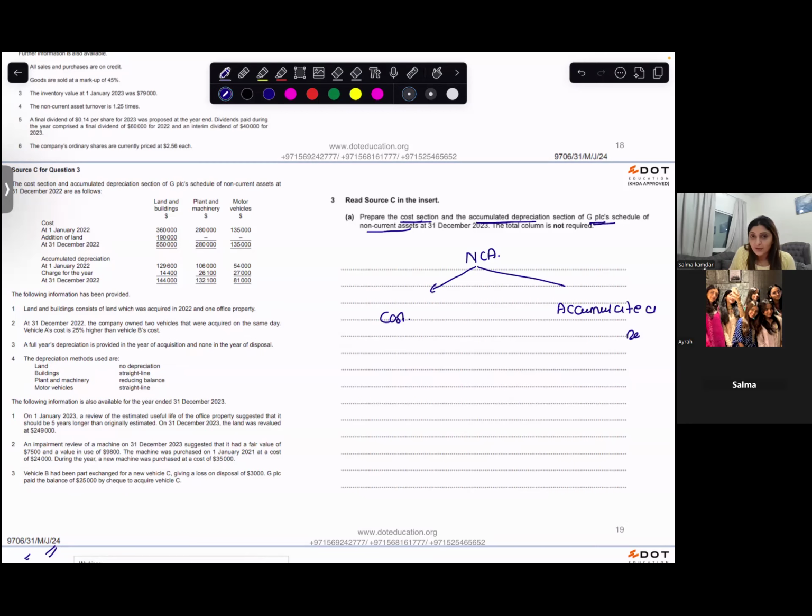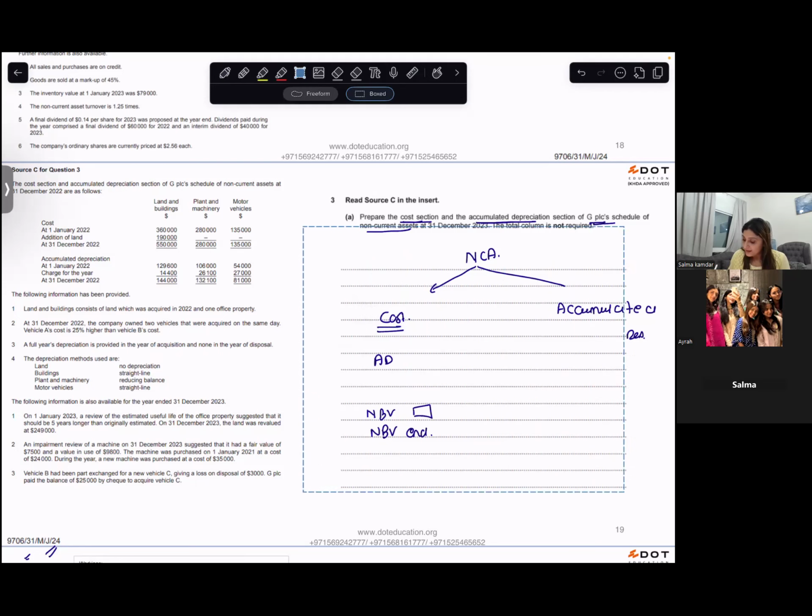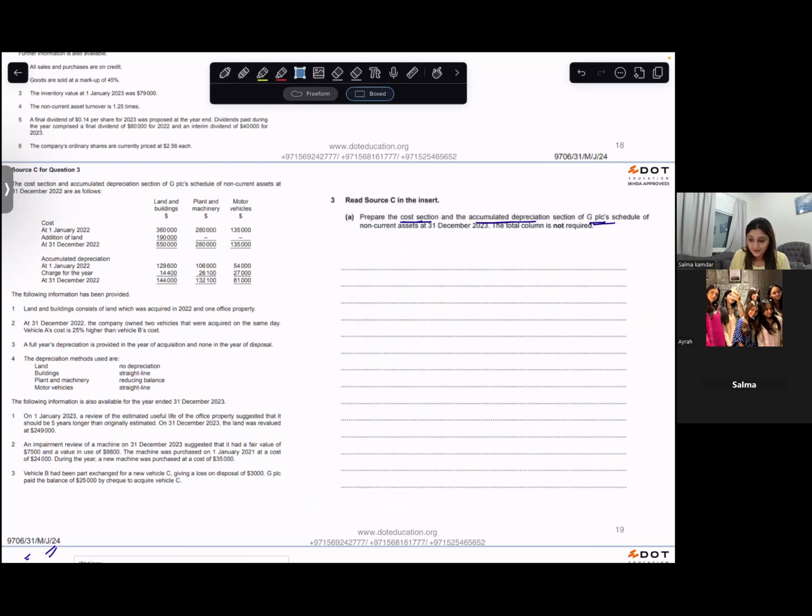In the schedule, first I deal with the cost part, then the accumulated depreciation part, and then I have the net book value at the beginning of the year and the net book value at the end of the year. These are the two things that I have to write in a non-current asset schedule. Are you with me?